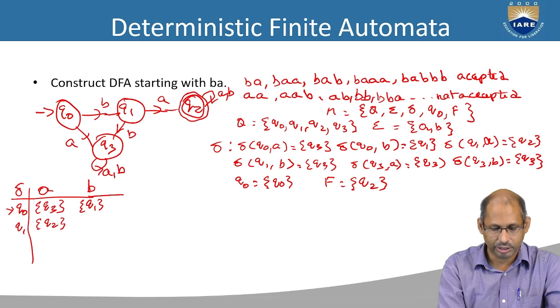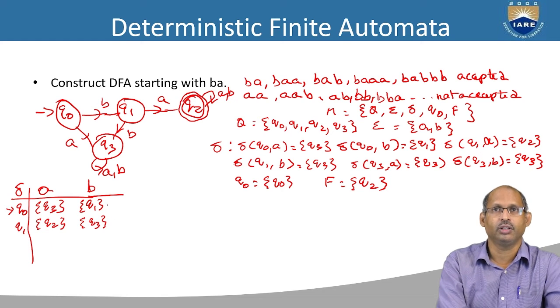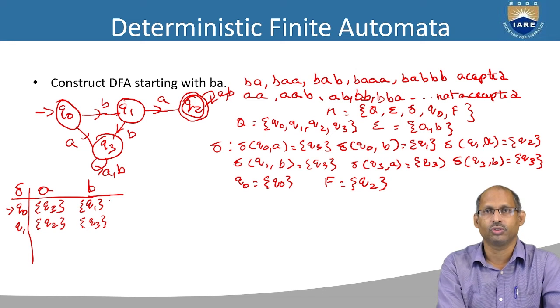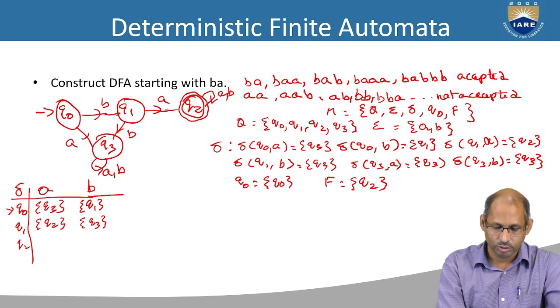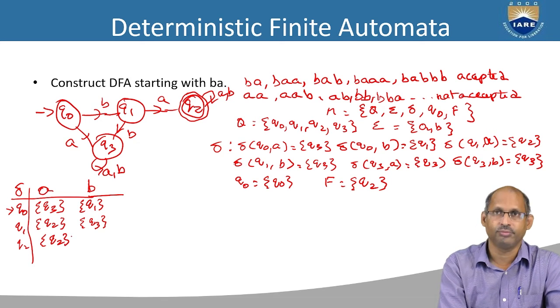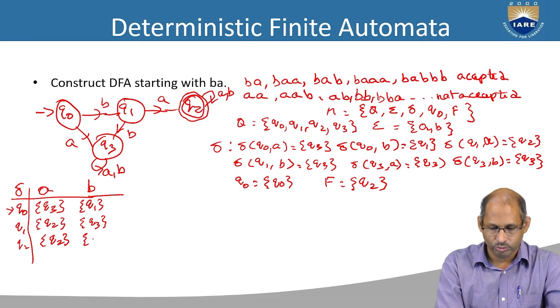Q1 state on A goes to the Q2 state. Q1 on B goes to the Q3 state. Then what is the next state? Q2. Q2 on A goes to Q2 only. Q2 on B goes to Q2 only.